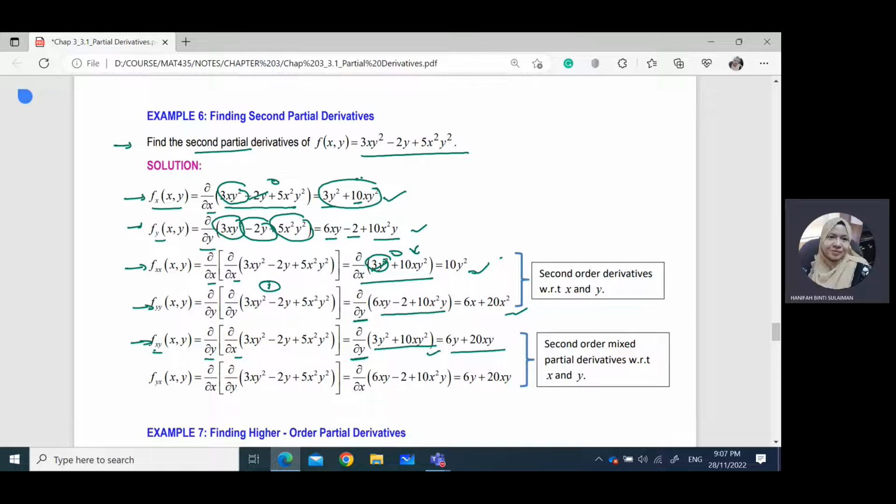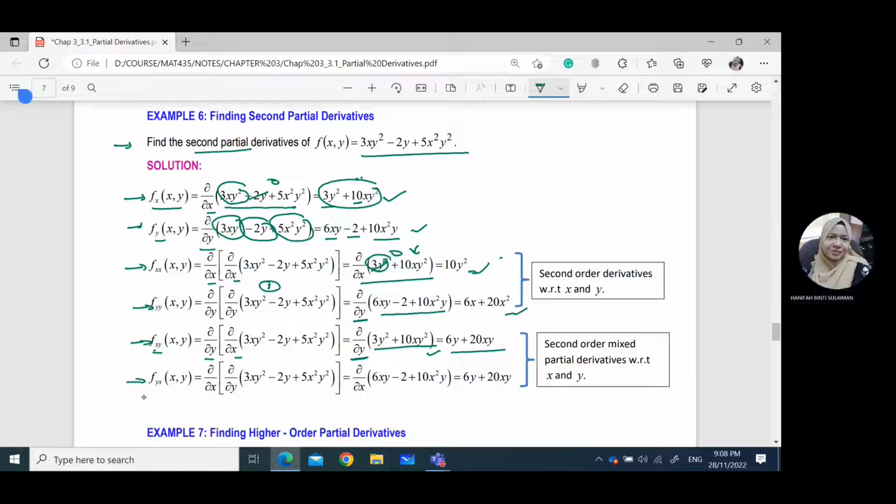Okay, and the last one, it is about a partial derivative with respect to y and x. So for this one, we differentiate with respect to y. And we have this one, 6xy minus 2 plus 10x squared y. And for the second step, we differentiate with respect to x on 6xy minus 2 plus 10x squared y.